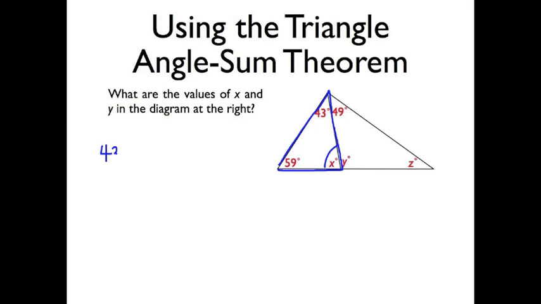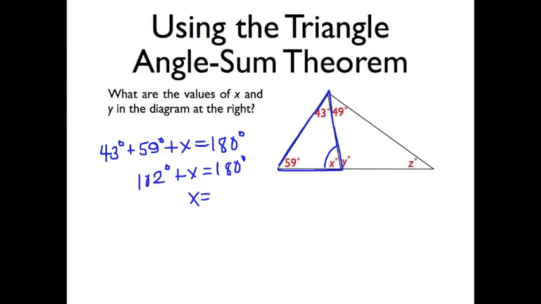So 43 degrees plus 59 degrees plus x is equal to 180 degrees. Once again, that's the triangle angle sum theorem.